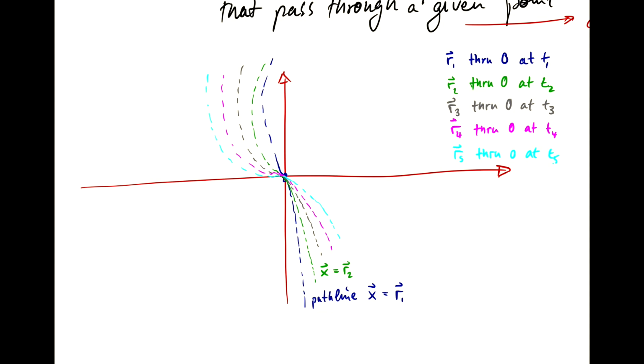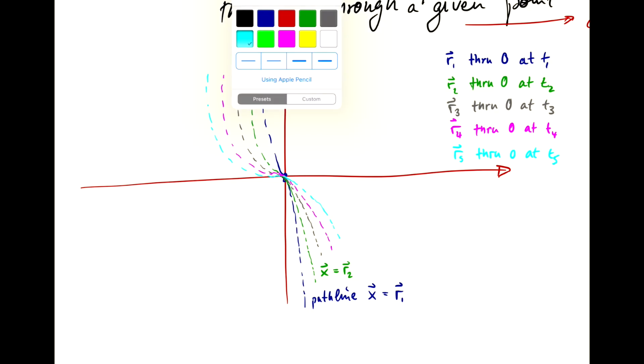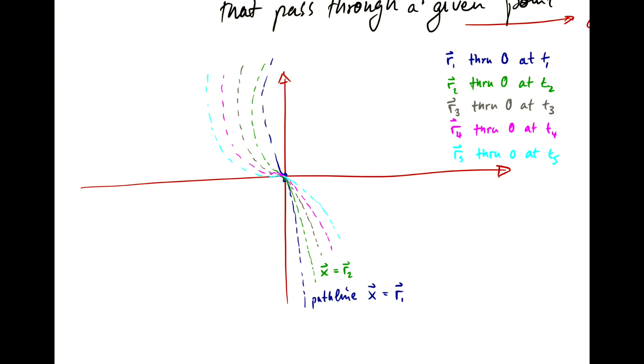So at time t5, what would the streak line look like? Well, r5 at t5 is at the origin. r4 has moved along a little bit, so it's somewhere here.